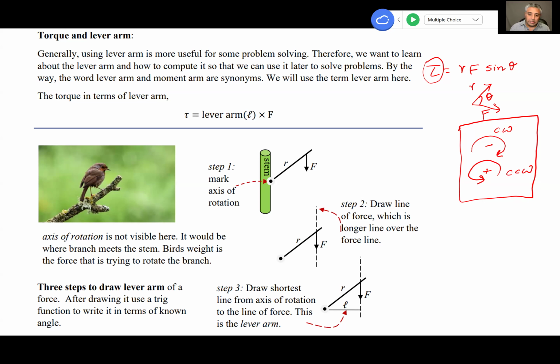But we learned that torque and all these quantities like angular velocity, angular momentum, angular acceleration, including torque, have actual physical direction. And for that, we need to start by using the right-hand rule on the angular velocity. And that way we can figure out the direction of angular momentum, angular acceleration, and the torque as well.